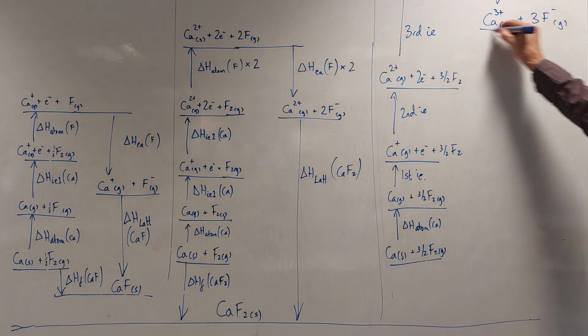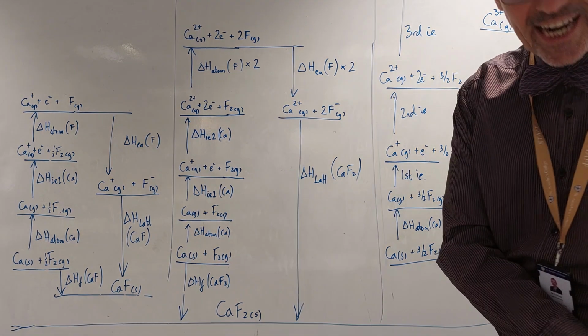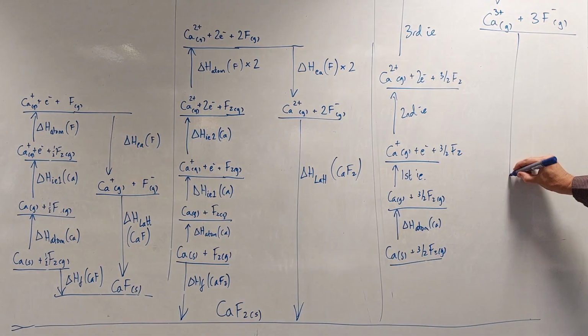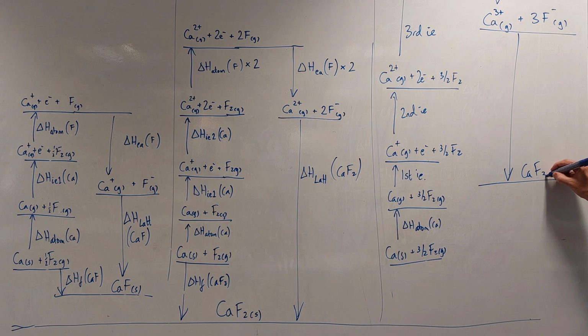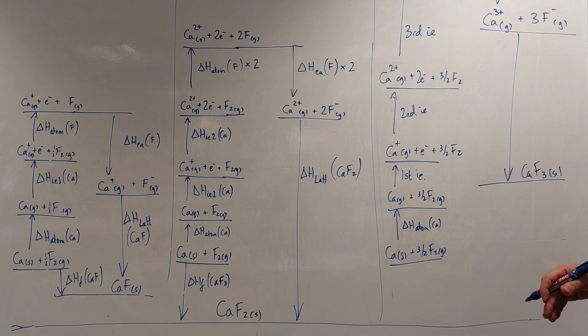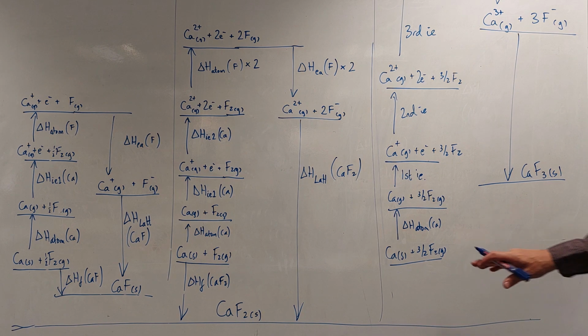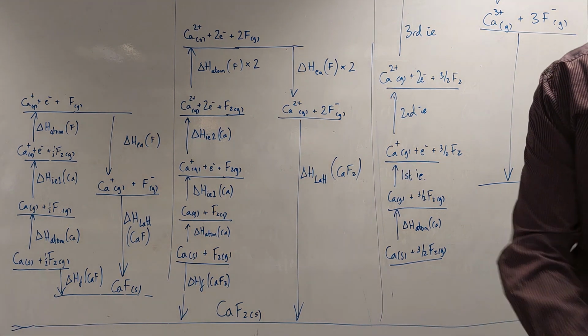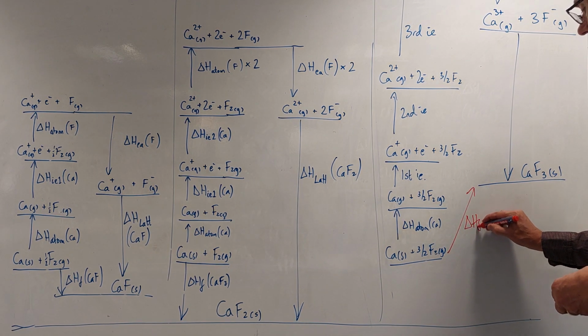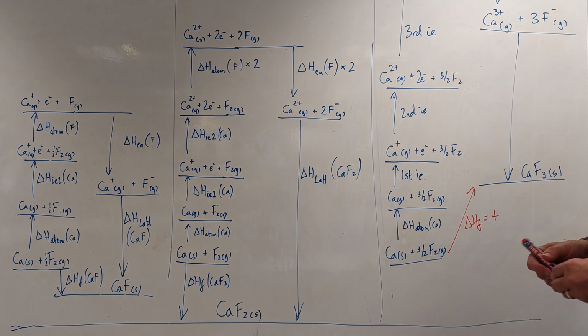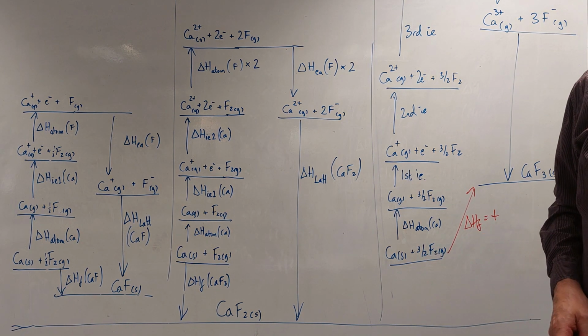But now when I make the lattice, I end up here, CaF₃ solid, which, as you can see, is endothermic with respect to the elements.